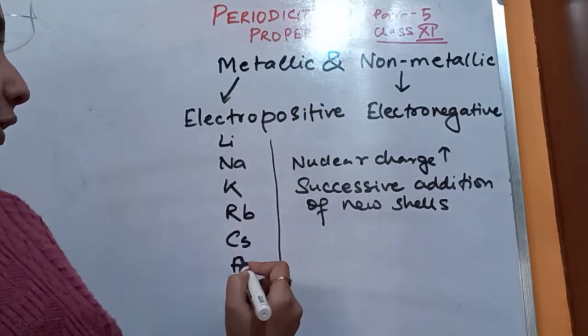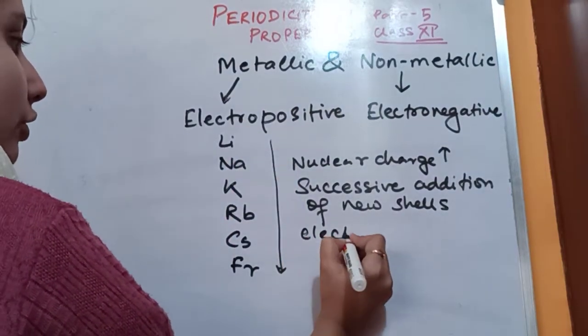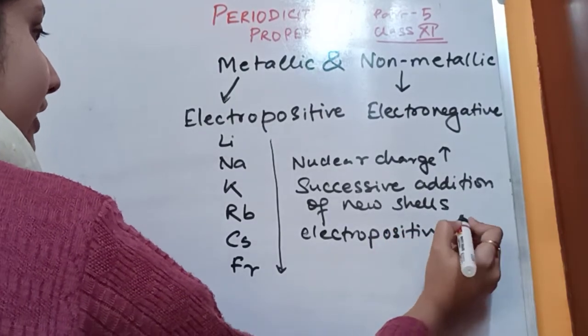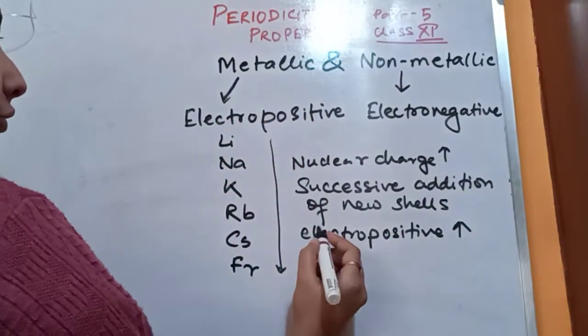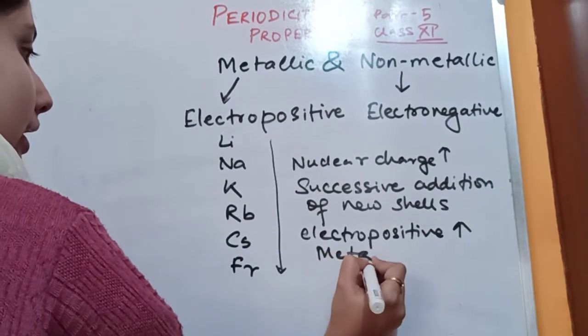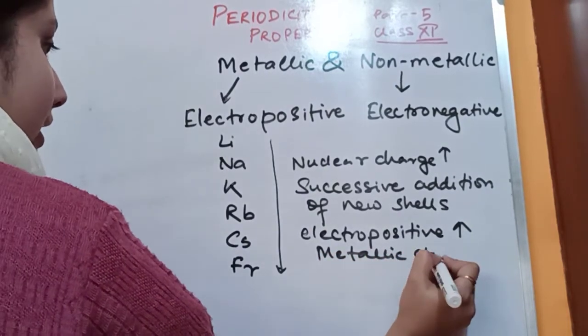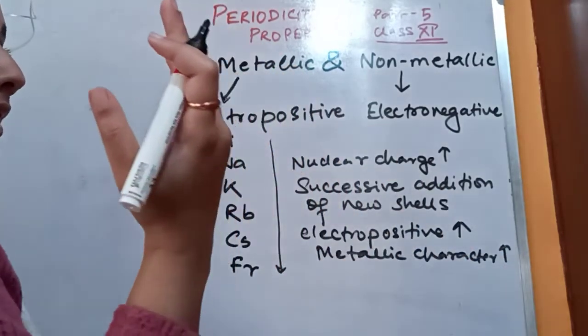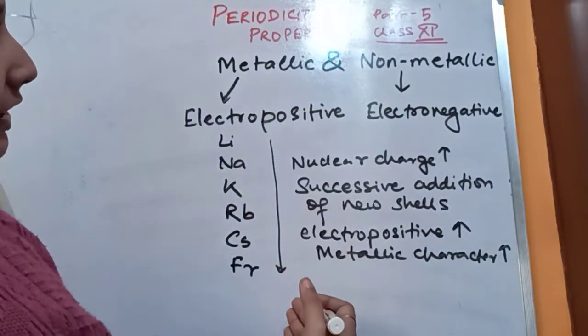So on moving down the group, the electropositive character increases, which means that the metallic character increases, and we all know that when metallic character increases, the non-metallic character will decrease.